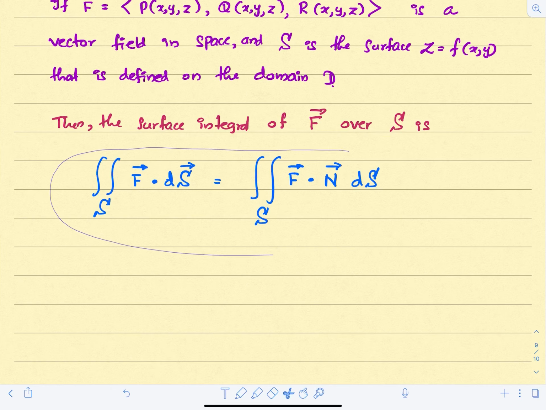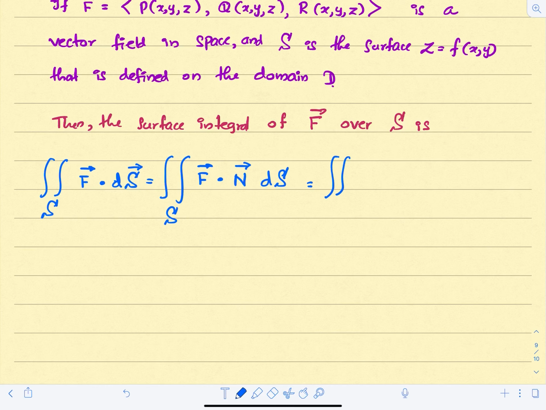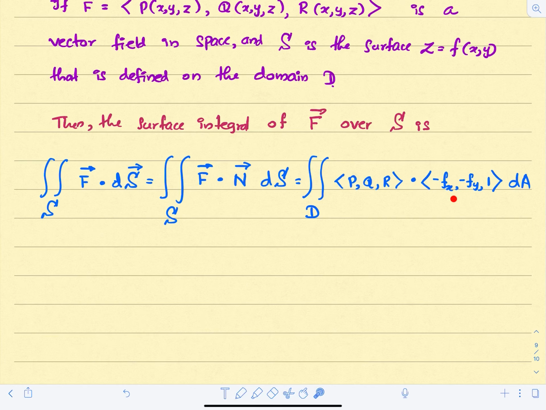This equals the double integral of the vector field F, which is given by P, Q, R, dot minus f sub x, minus f sub y, and 1, dA over the domain D. I will explain this part after 1 or 2 minutes, but this is the way we define the surface integral of a vector field.